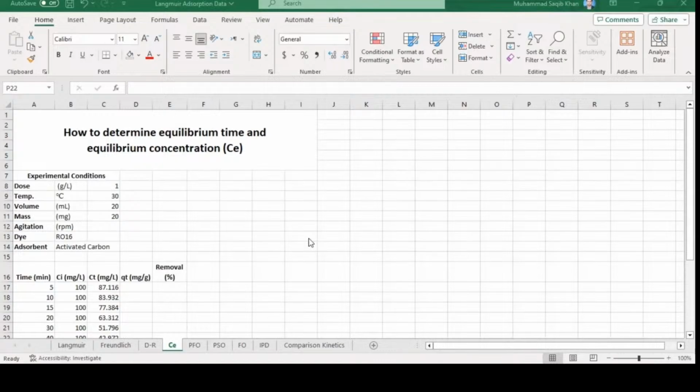I ran this experiment with the dye RO16. The initial concentration of the dye was 100 ppm, or 100 milligram per liter.